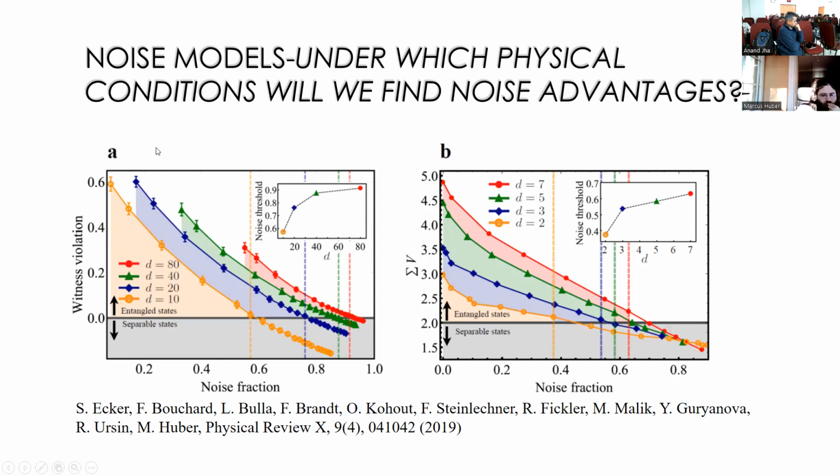And what you'll see is that as we add more noise, the witness violation goes down and we become separable. But another interesting thing happens. As we increase the dimension, actually our noise increases too. So it becomes a bit of a competition.